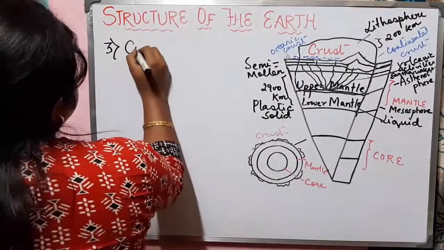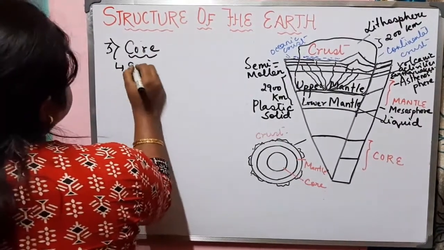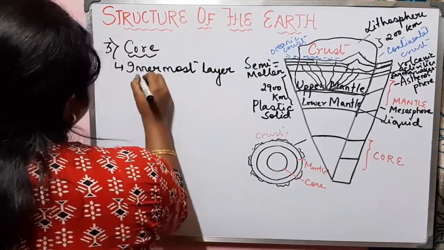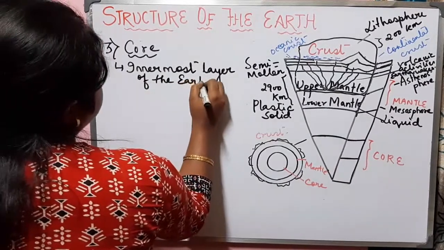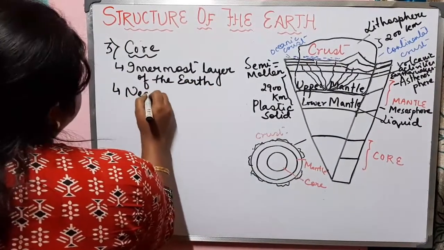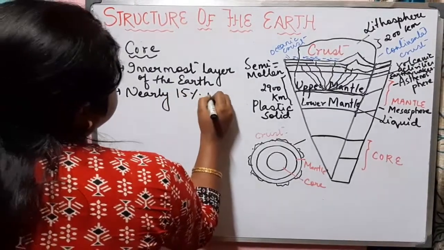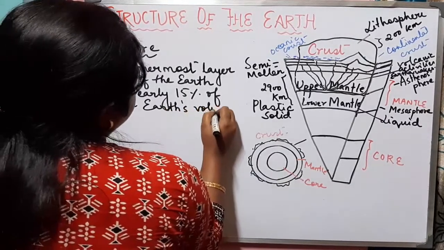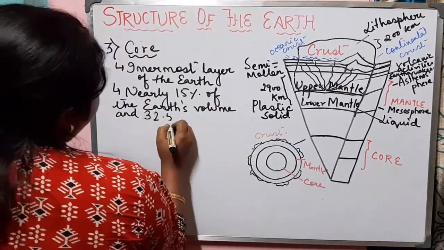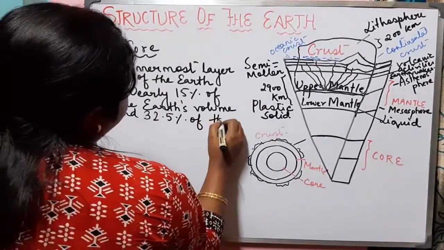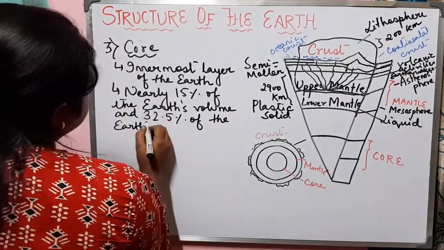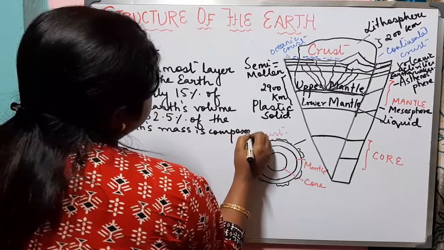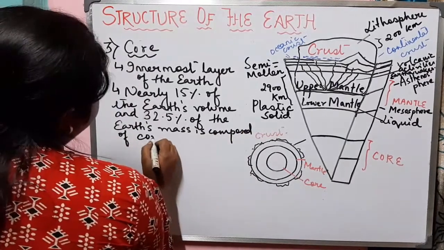The next layer of the earth is the core. It is the innermost layer of the earth. Nearly 15% of the earth's volume and 32.5% of the earth's mass is composed of core.